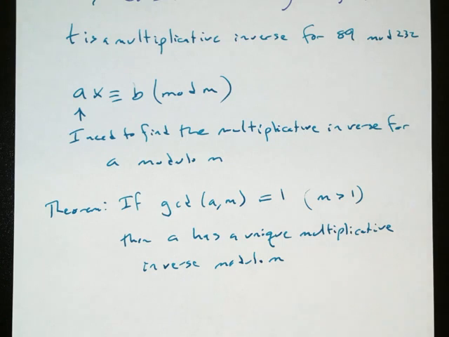So in order for me to solve that equation I started with, 89x equals 1, I need to find that multiplicative inverse.